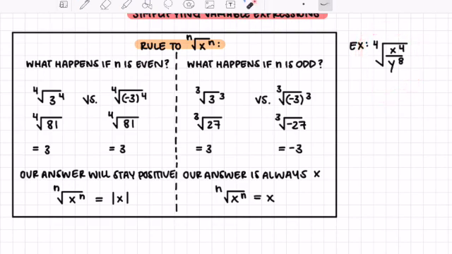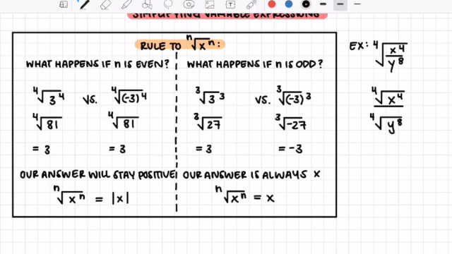We have here 4th root of x to the power of 4 divided by y to the power of 8. Before I do anything, I'm going to split up my root from the fraction so that we have 4th root of x to the power of 4 over 4th root of y to the power of 8.